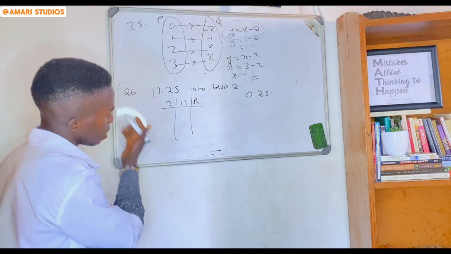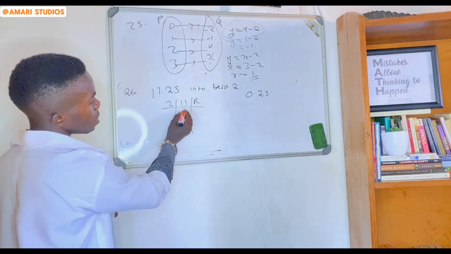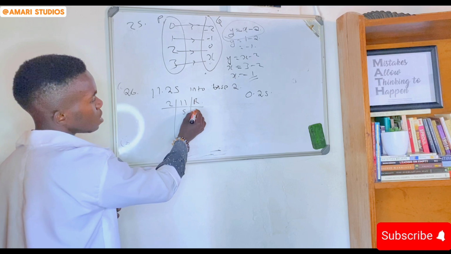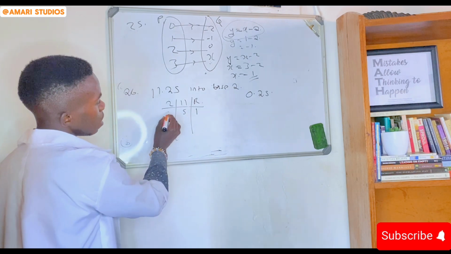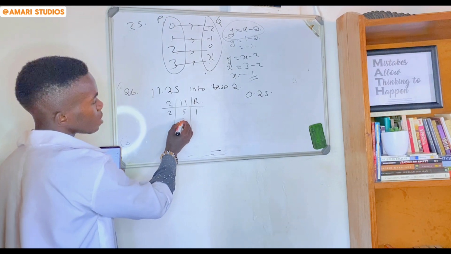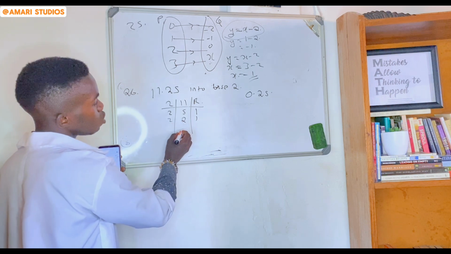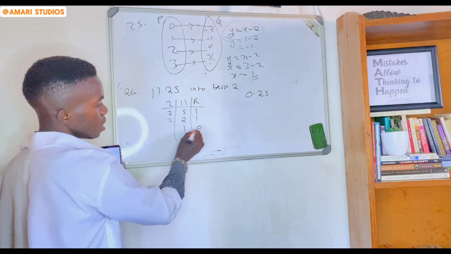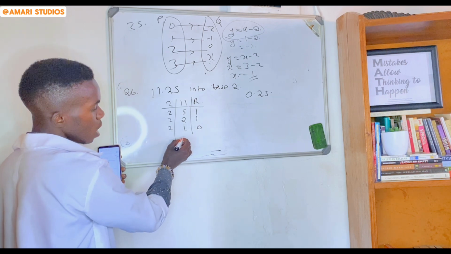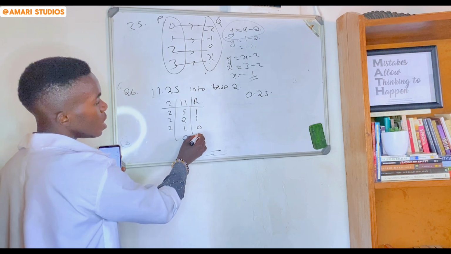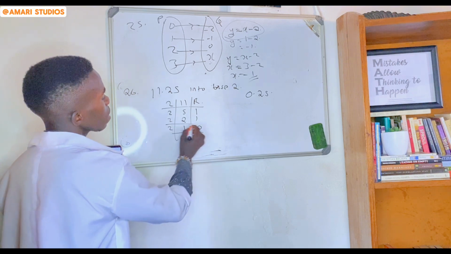Now we start. 2 into 11 is going to give us 5, remainder 1. Then 2 into 5 is going to give us 2, remainder 1. Then 2 into 2 is going to give us 1, remainder 0. Then 2 into 1 is going to give us 0, remainder 1.